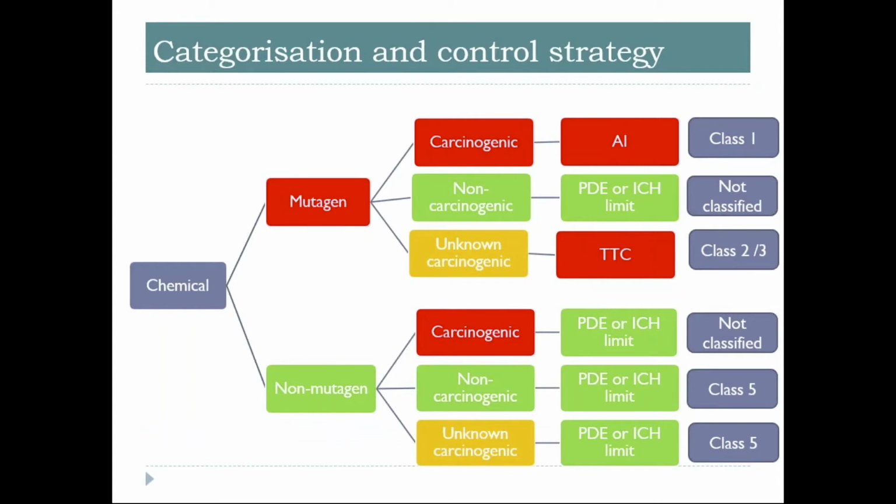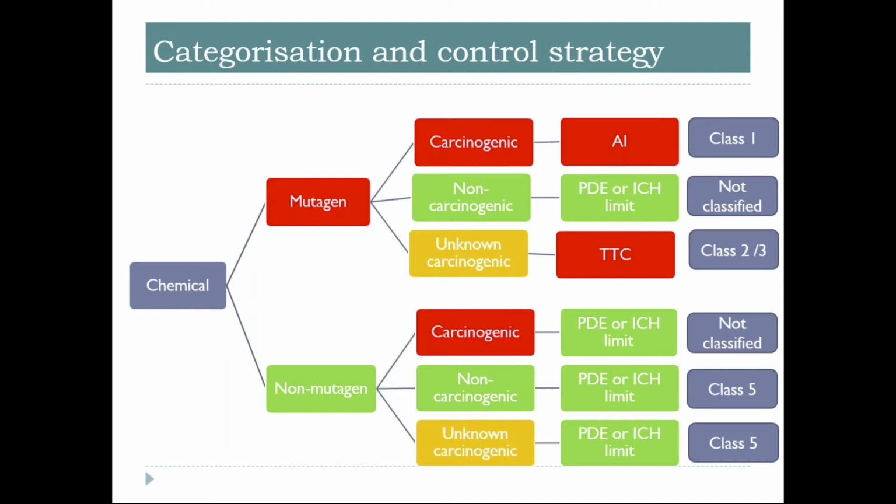So coming to the categorization and control strategy, in continuation to my previous slide on the M7 classification table, this slide talks about categorization of different impurities and their possible control strategies. When any compound or impurity is encountered in a drug, it is majorly classified into two angles, either mutagenic compound or non-mutagenic compound.